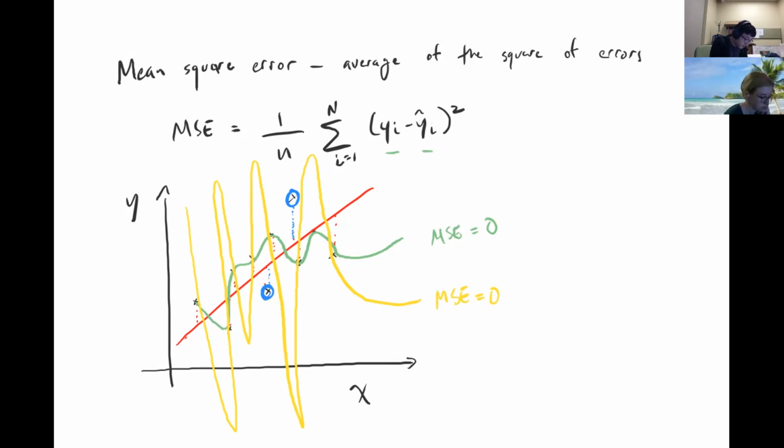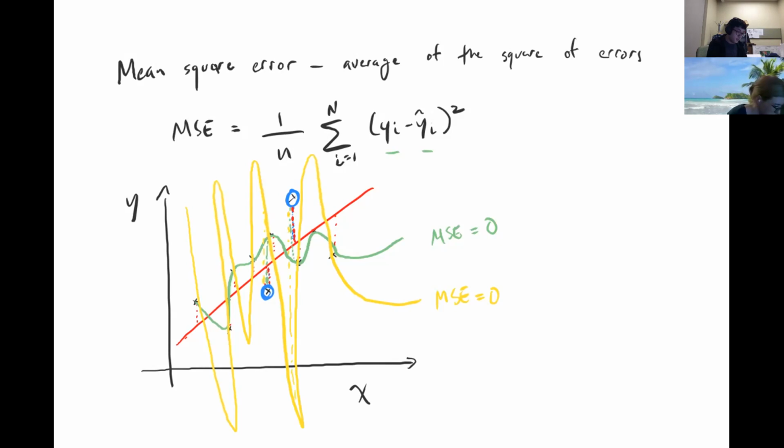So actually, I'll draw it in red for that, and then in green might look like that, and then in yellow I actually have a really big error, and the same is happening here with this point, right?